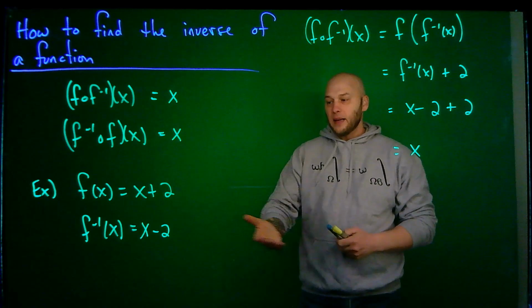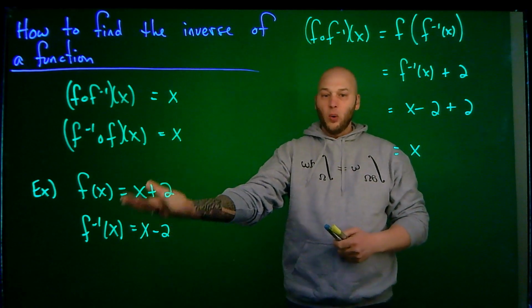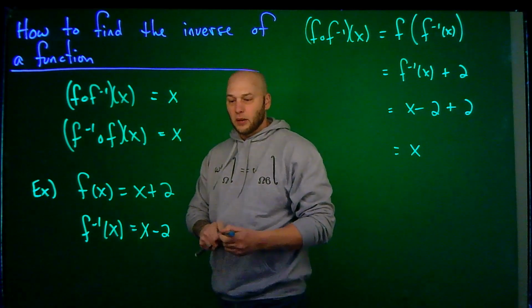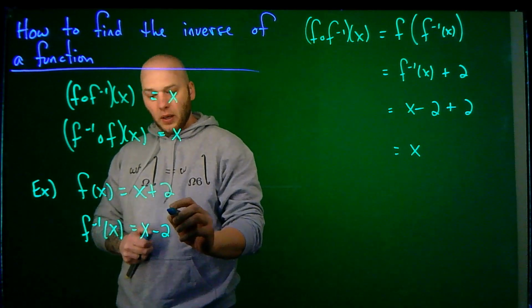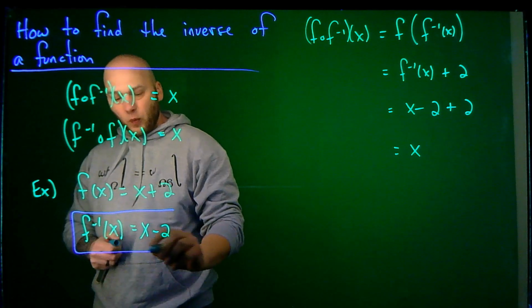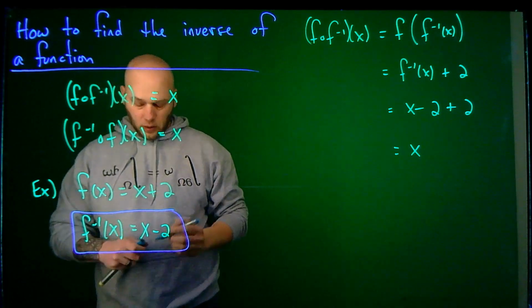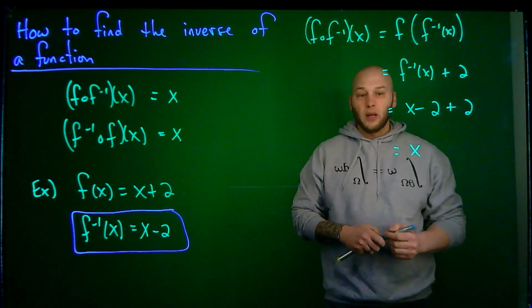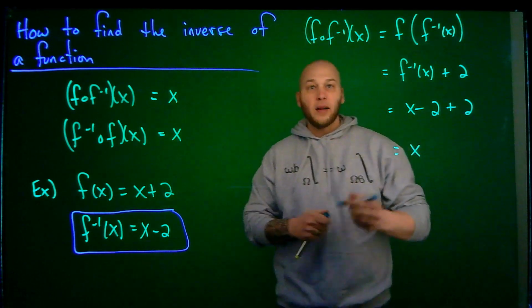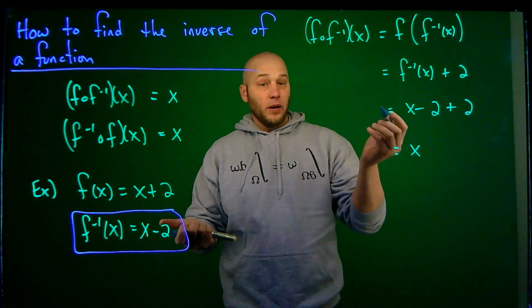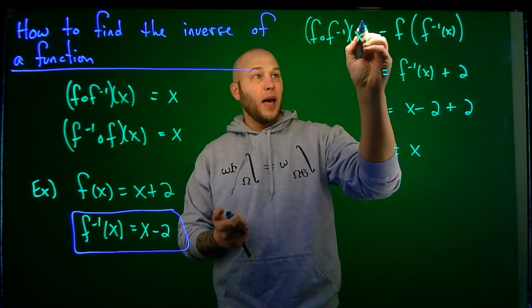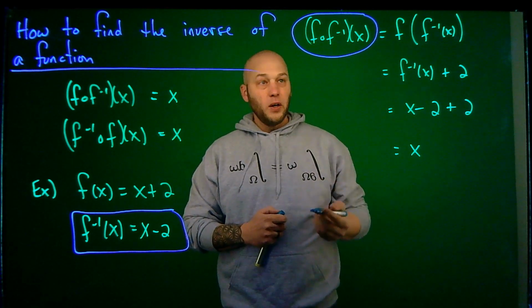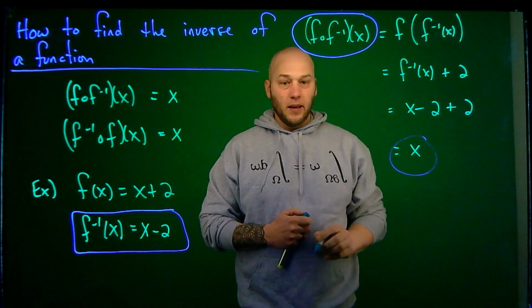Now, down here, I told you what the inverse was, and it's not too difficult to guess in this particular case because this is a pretty simple function. But what happens if we did not know this? Well, let's go through this string of equalities right here. Whether I know the inverse or not, I know that when I take the composition of those two functions, I'm going to get x as a result.